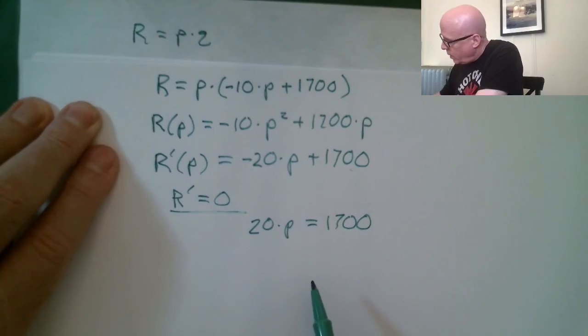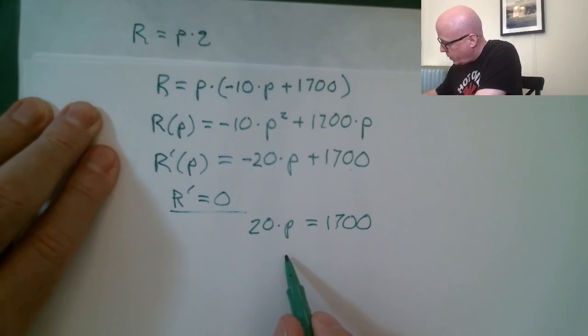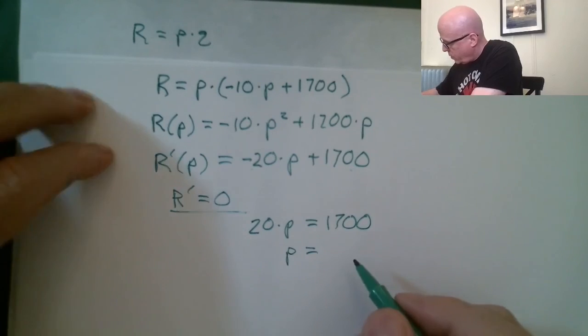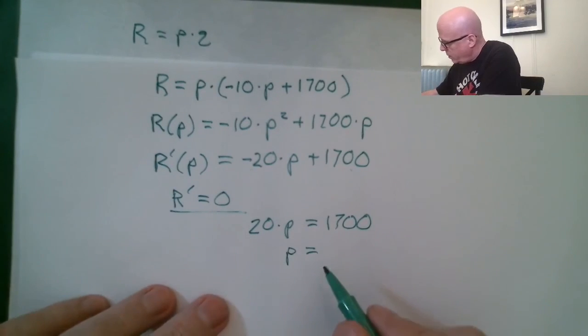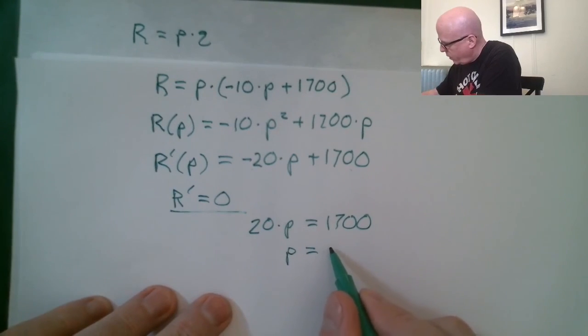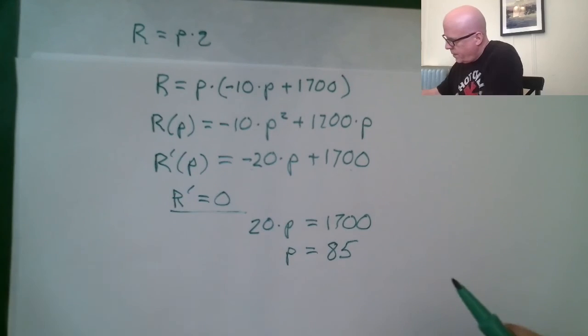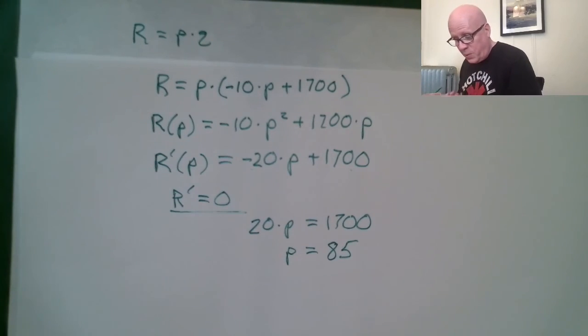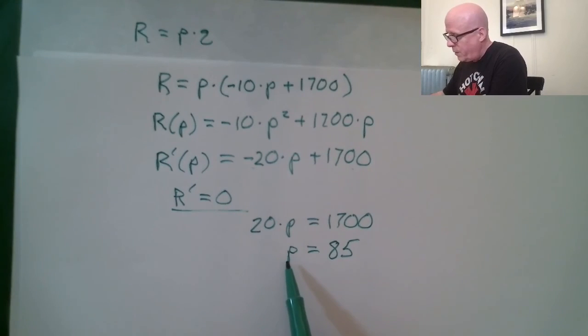Okay, so, well, that's great. Then you just divide by 20. So p is, I can't divide 17 by 2. Oh, yes, I can. It's 8.5, and then there's going to be zeros. I think it's 85. The question was, is it 8.5 or 850? Well, I'm not going to have a price of $850 for concert tickets.